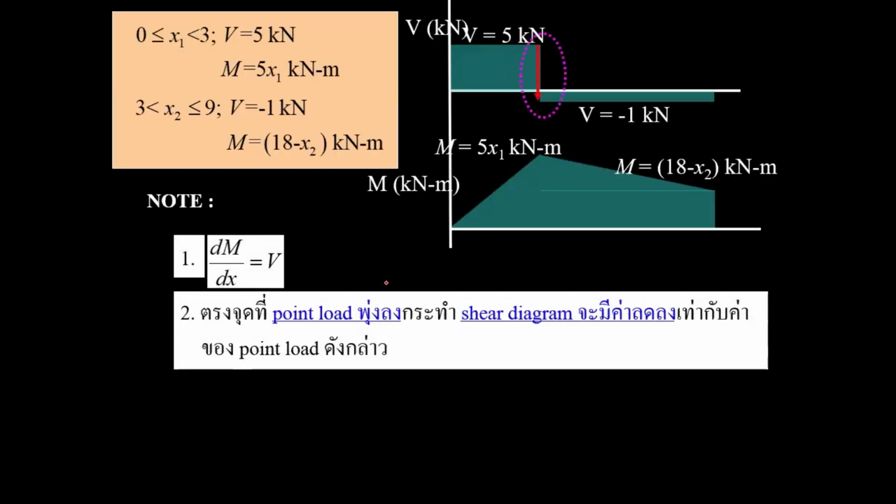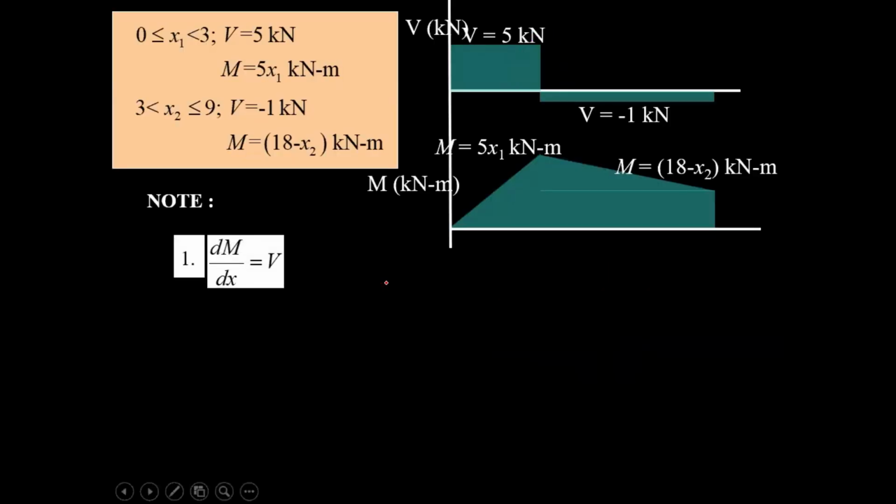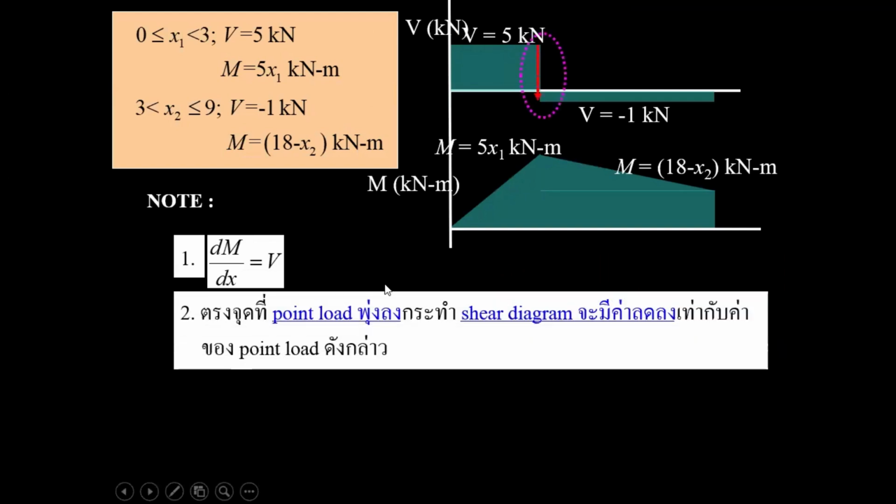In conclusion, dM by dx equals V. Sorry, it should be in English, but this one is in Thai. If the point load is downward, the shear diagram is going to decrease, or I should say, if the force is downward, delta V is negative.